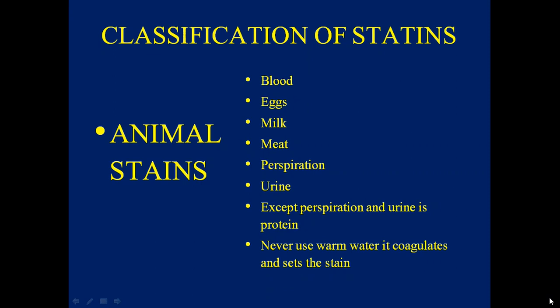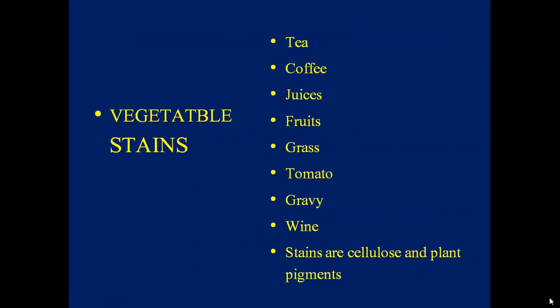Again, they have said except perspiration and urine, it is protein, and never use warm water, as it coagulates and sets the stains. So this precaution should be taken by the person as far as urine and perspiration are concerned. So these are called animal stains.